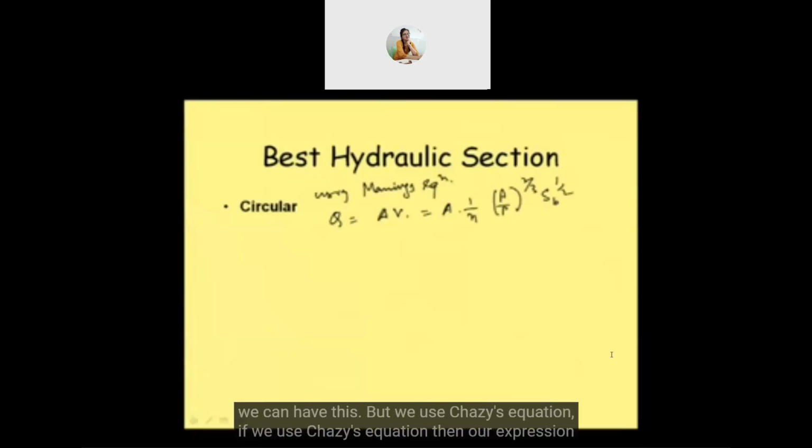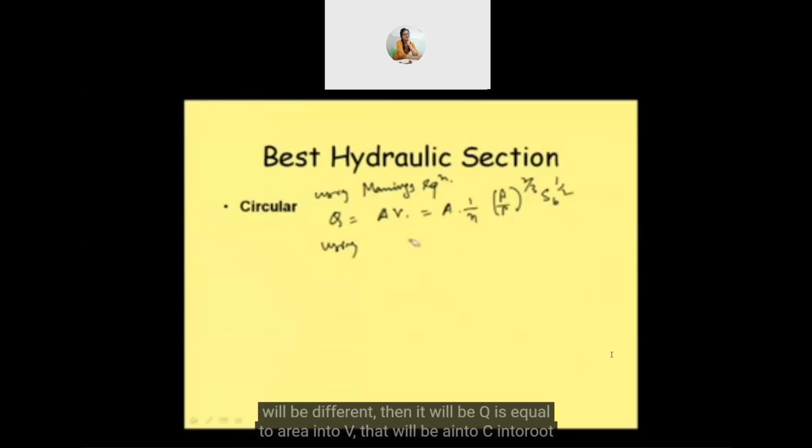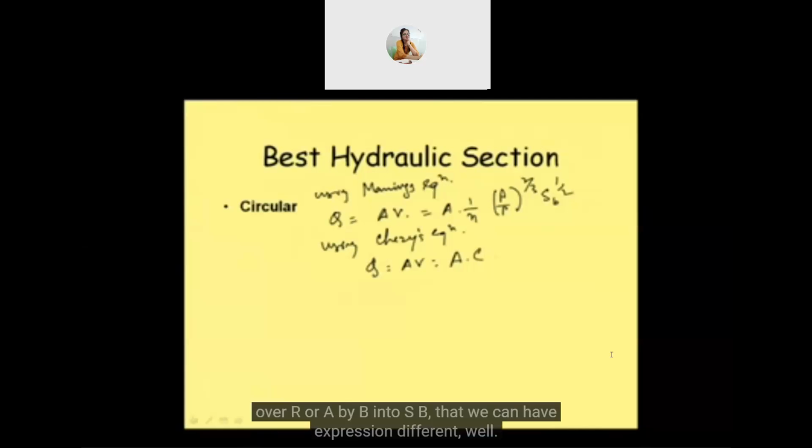But if we use Chezy's equation, then our expression will be different. Then it will be Q is equal to area into V, that will be A into C into root over R, or A by P into S P. That way we can have a different expression.